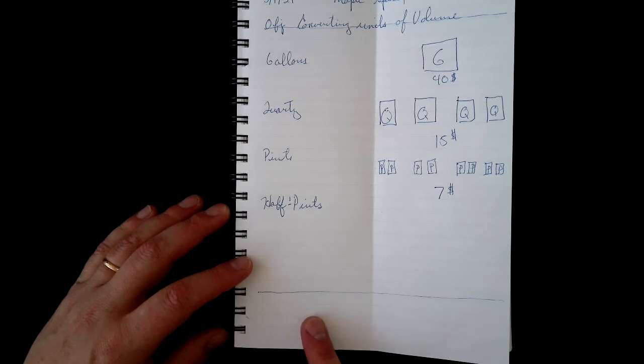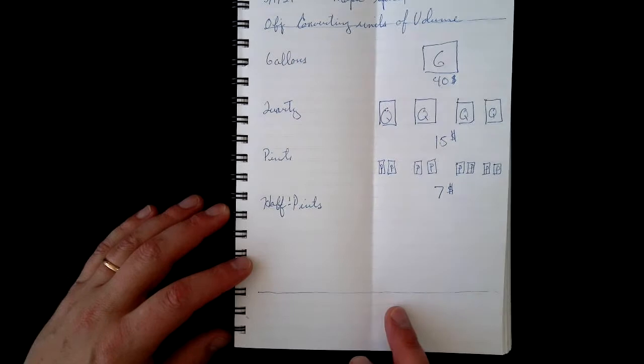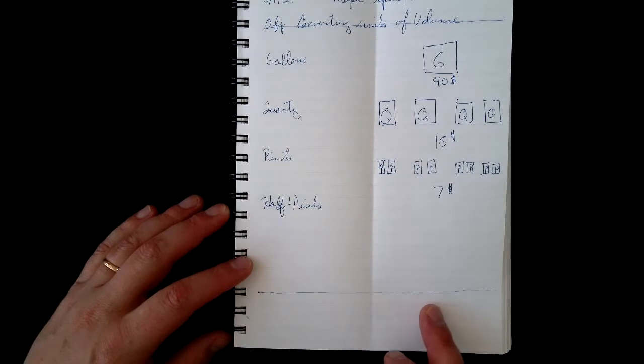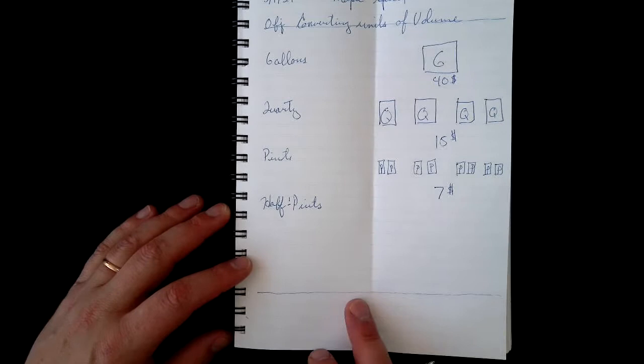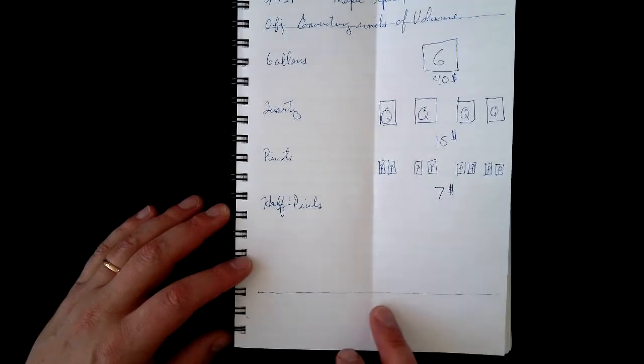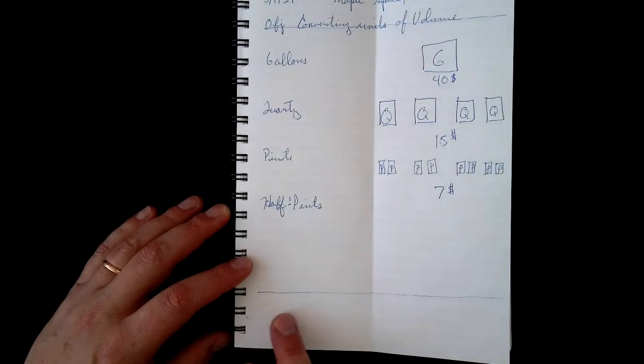So students might say, I learned that there are multiple measurements for volume, and that there's a process converting, and the process is there are 4 quarts in a gallon, 2 pints in a quart, 2 half pints in a pint.